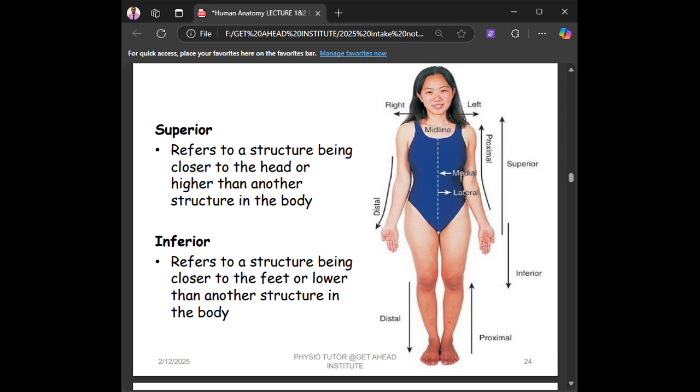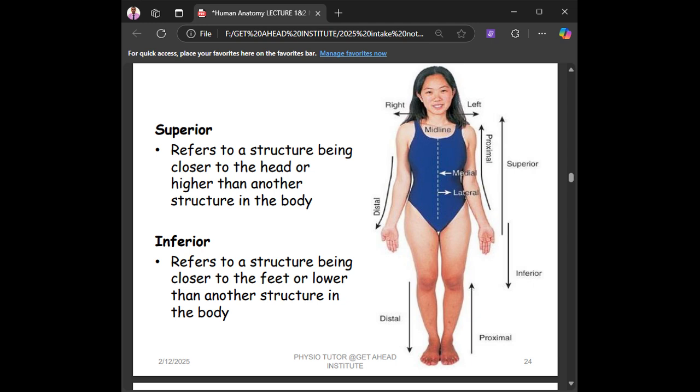Direction is usually used when the body is in anatomical position and we have to explain the location of a structure relative to structures surrounding it. We normally use these particular directional terms, and we also take the anatomical position into consideration. We don't forget that.